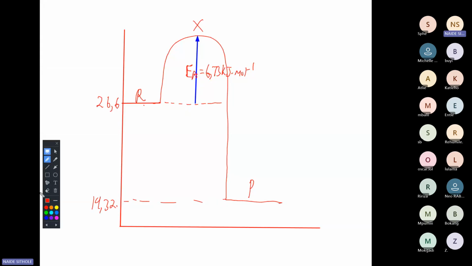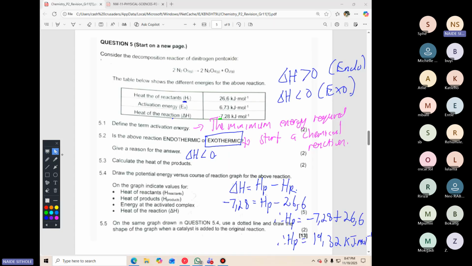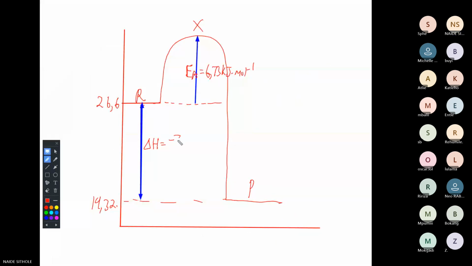And then we know that the distance between the reactants and the product is what we know as your enthalpy change, which equals negative 7.28 kilojoules per mole. So that's your enthalpy.